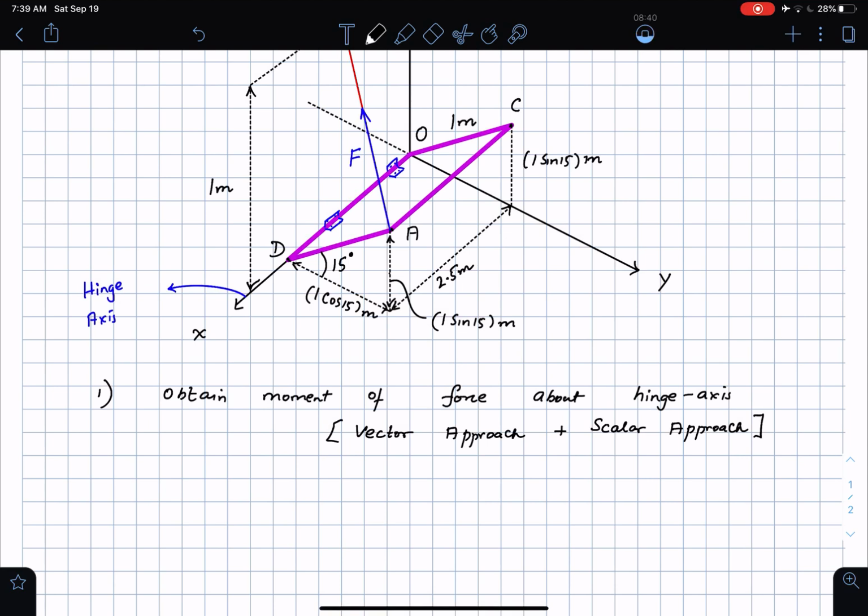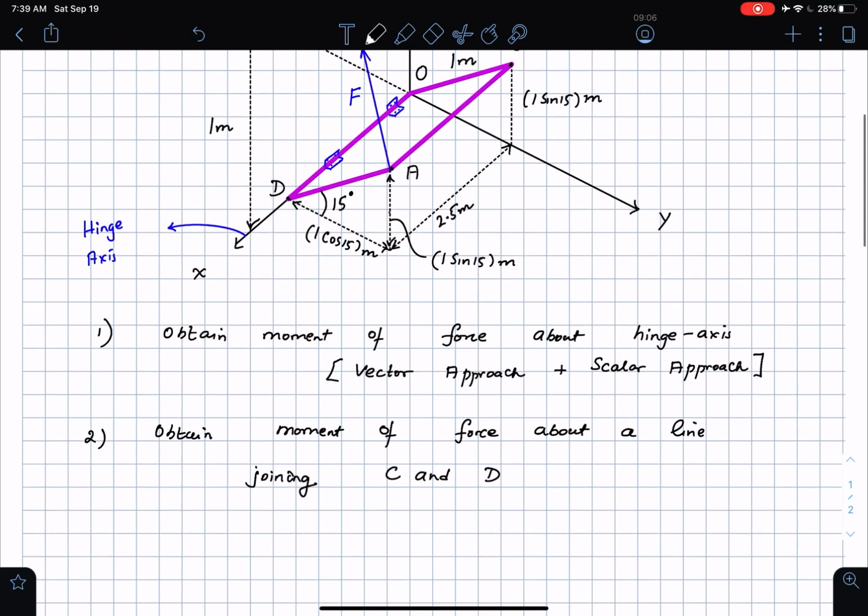Okay, and then the next thing I need to do is obtain the moment of the force about a line joining the points C and D. Let me use the vector approach for that.